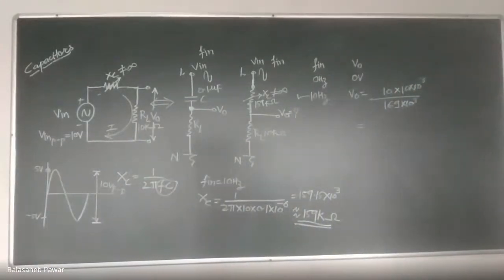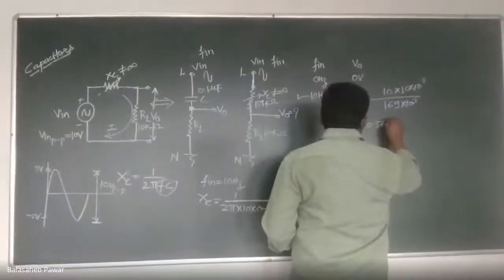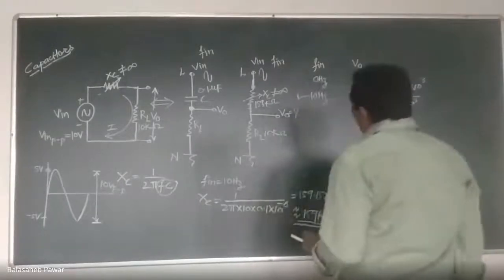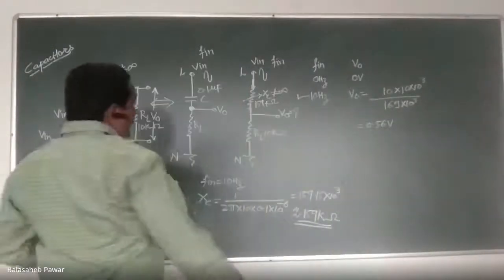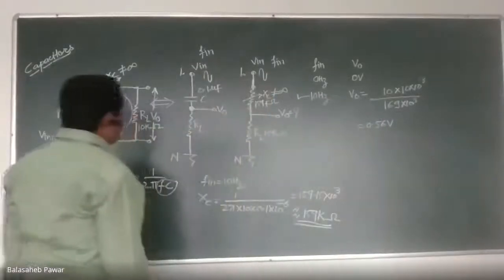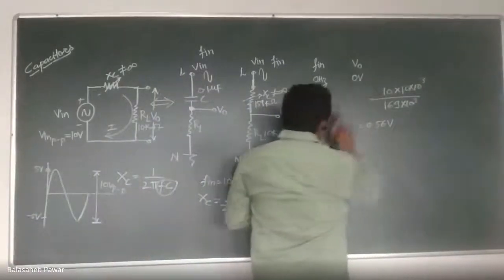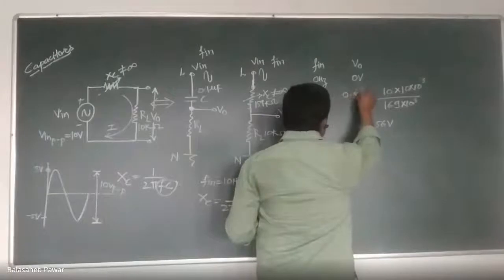Apply the voltage divider rule. 0.56. It will be in volts. As we are taking input as 10 volts, the obtained output is only 0.56 volt. So the output voltage is less than the input. Agree?